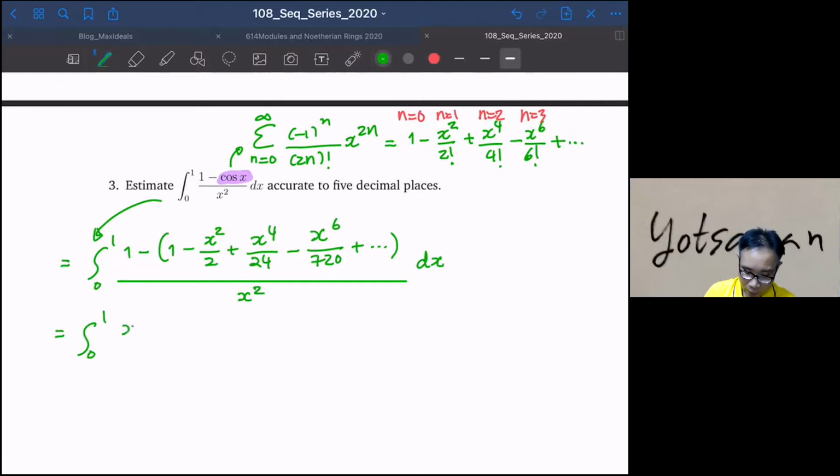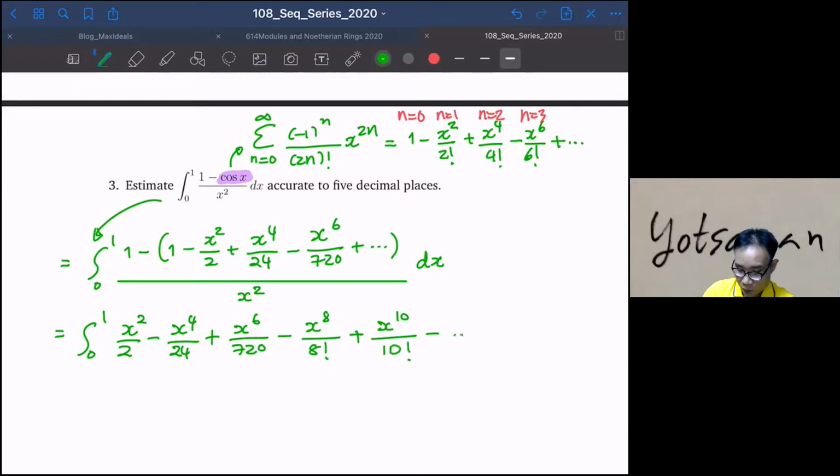So it's going to be x squared over 2 minus x to the 4th over 24 minus x to the 6th over 720. The next terms are x to the 8th over 8 factorial, x to the 10th over 10 factorial, and you can continue like this, dx, with everything over x squared.